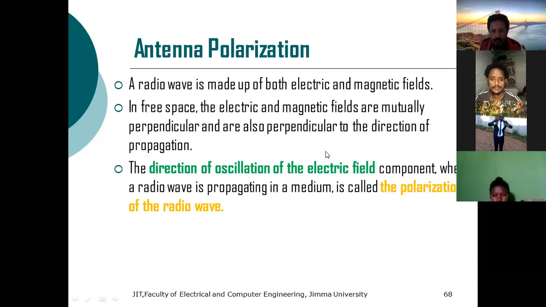Whereas for elliptical polarization, it shows an elliptic shape because the two perpendicular electric fields don't have equal magnitude. This unequal magnitude results in an elliptic trace.